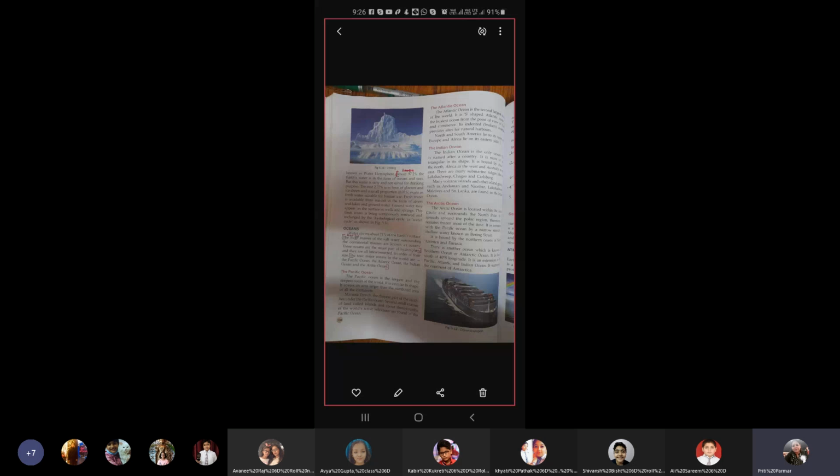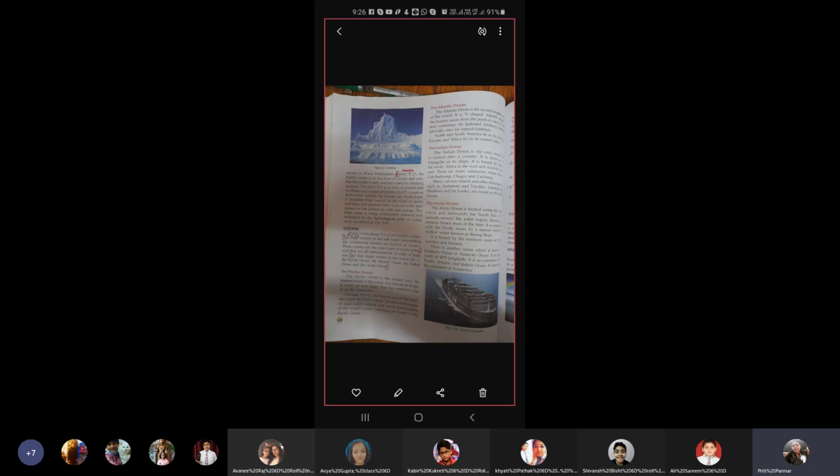Then we talked of the importance of oceans. Oceans have been serving very many purposes. They keep a check on the moisture of the place. They keep a check on ocean currents. They supply us with seafood, etc. They have mineral deposits inside them, like petroleum, natural gas, etc. So basically, they are very important.